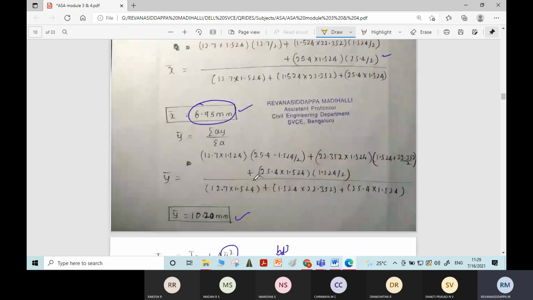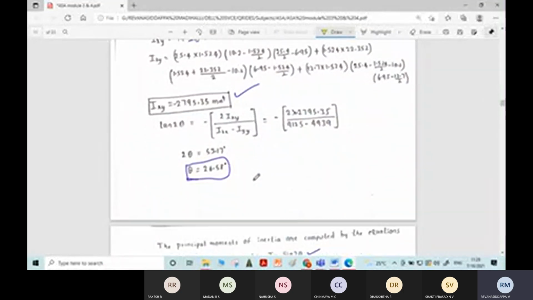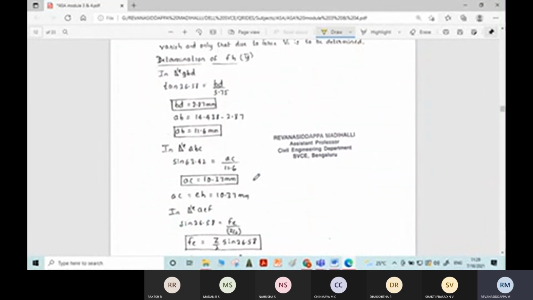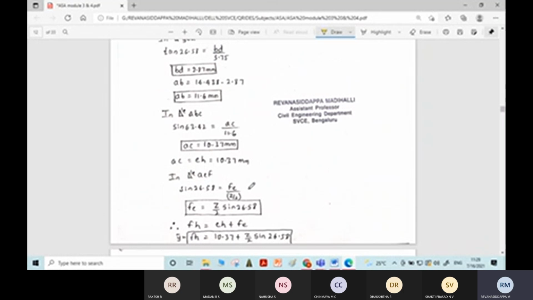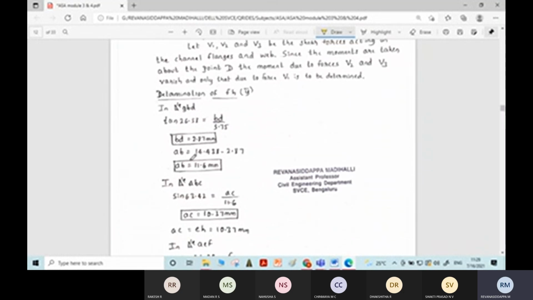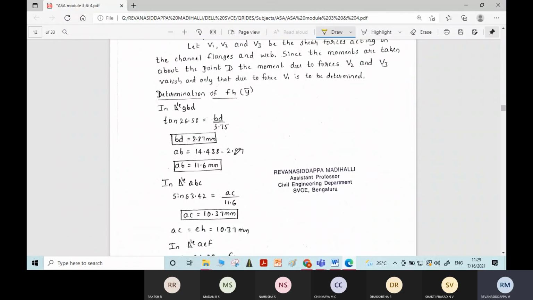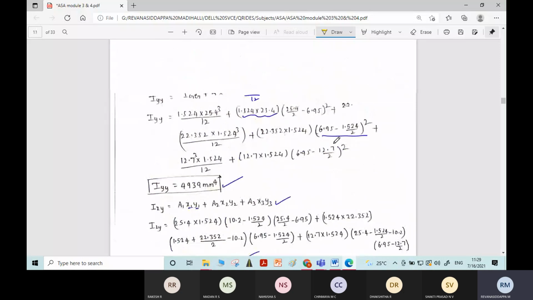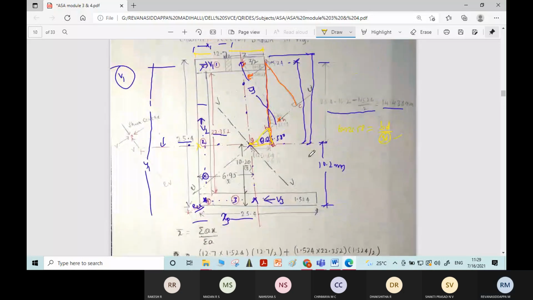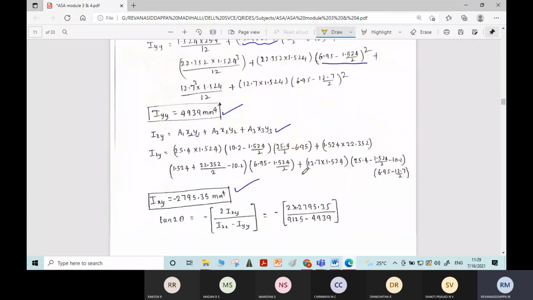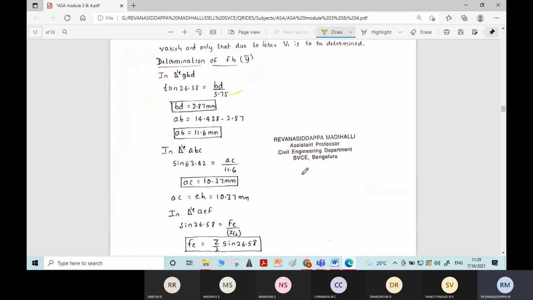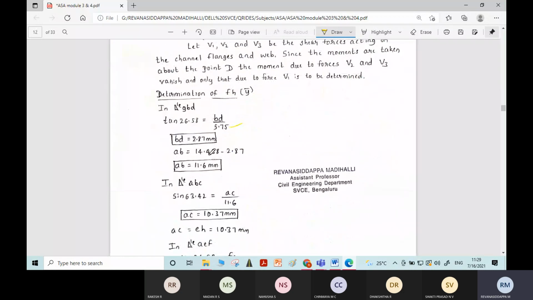The same calculation is performed here below, you can refer. BD divided by 5.75, and I have explained how 5.75 has come: 12.7 minus 6.95 gives 5.75.